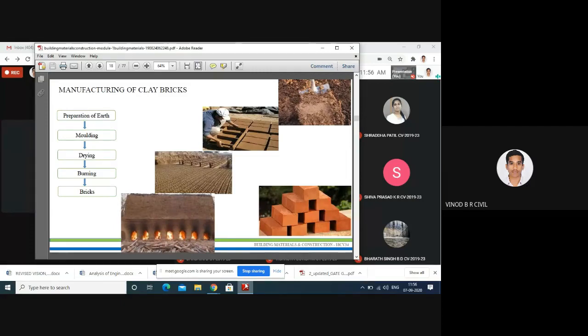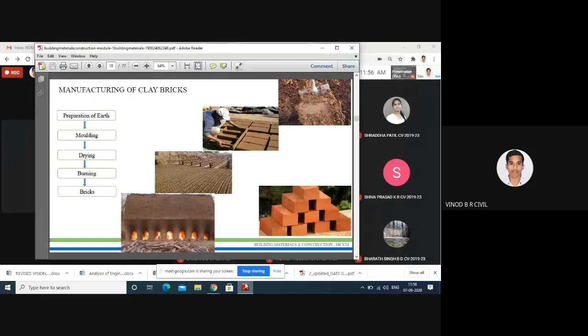At the same time, again they categorize into over burnt brick, normal brick, and light burnt brick. What is the meaning of first class, second class, and third class brick? First class bricks, we can use for good construction of masonry or building.